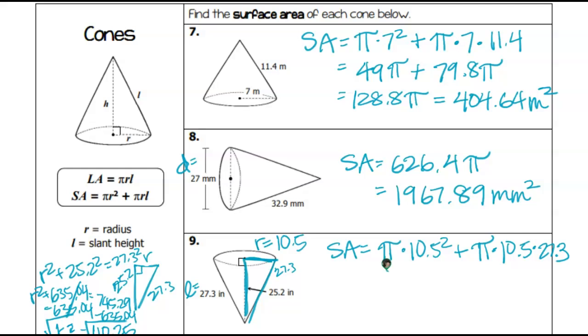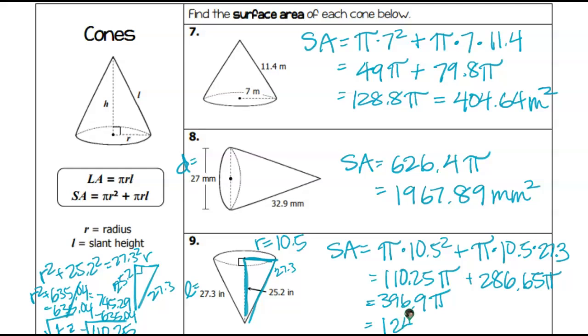I get 110.25 pi plus 286.65 pi. Add my coefficients together, I get 396.9 pi, and that comes out to 1,246.9 inches squared. When I actually multiply by my pi, that ends up being my answer there.